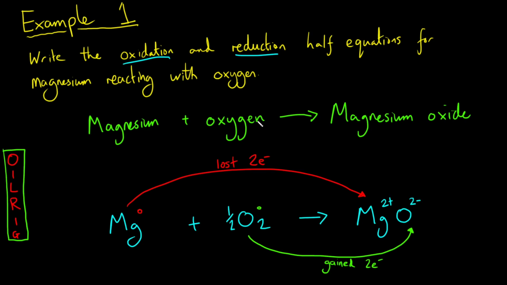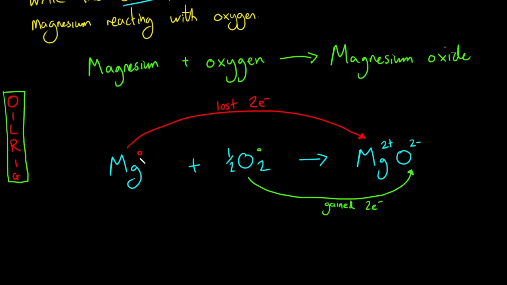So remember, the question asked me to write out the half equations for the oxidation step and the reduction step in this reaction. I've already determined that magnesium is being oxidized, it's losing electrons, and oxygen is being reduced, it's gaining electrons. So let's have a go at writing out those half equations now.